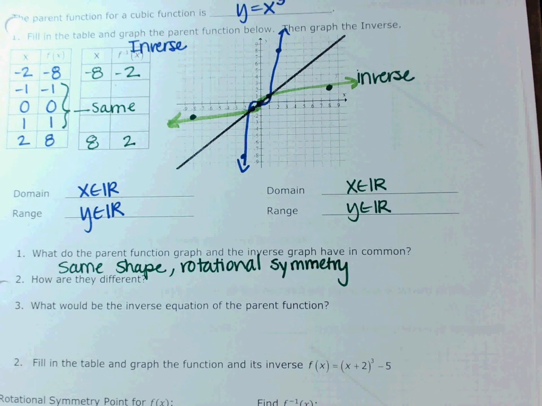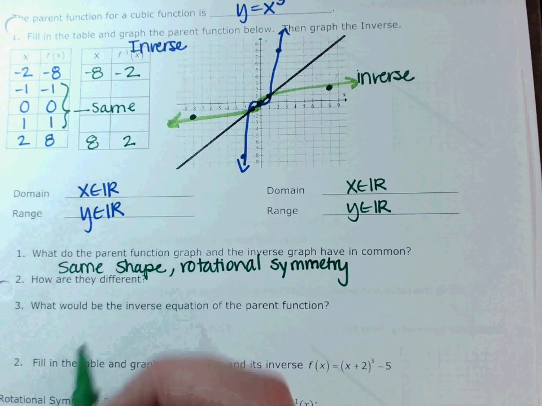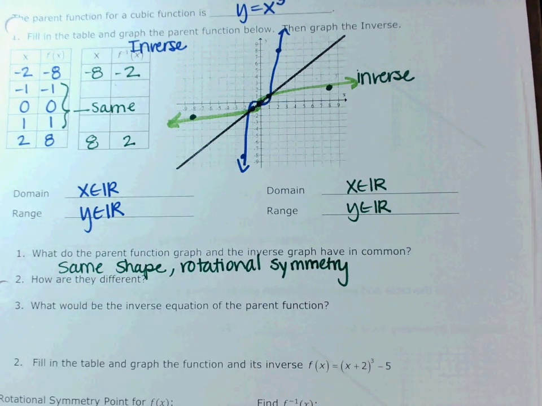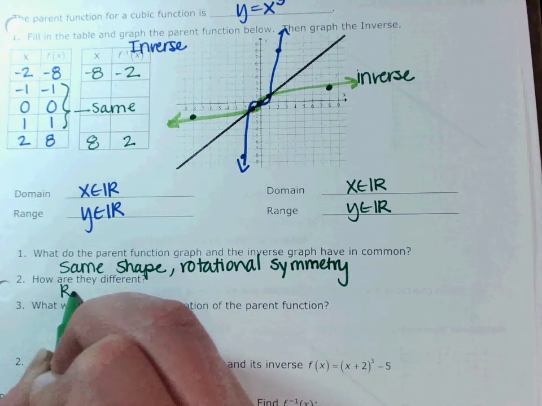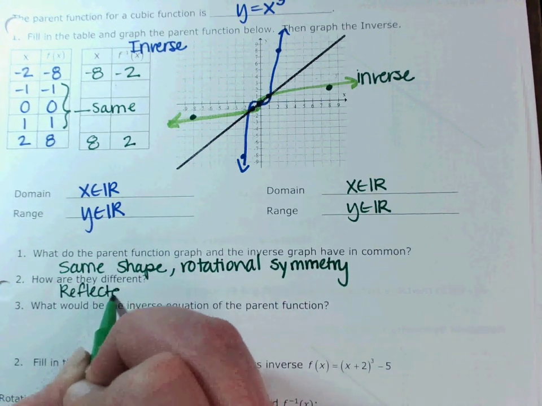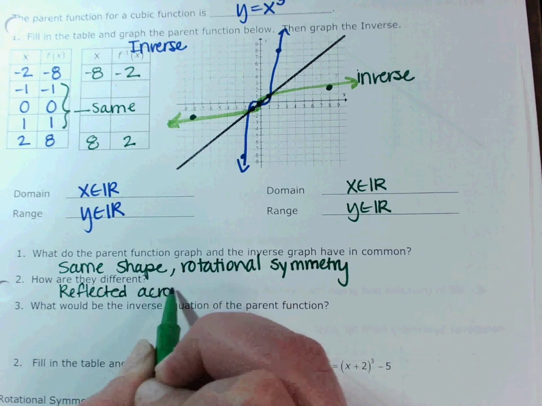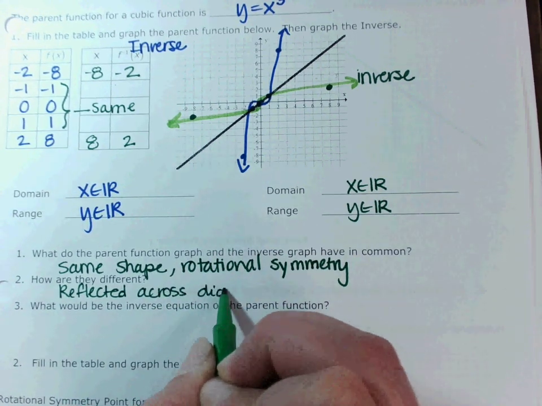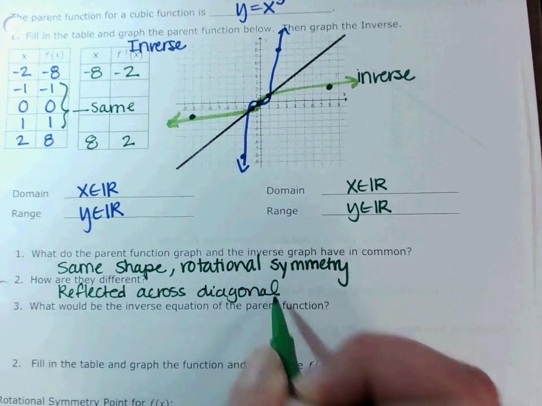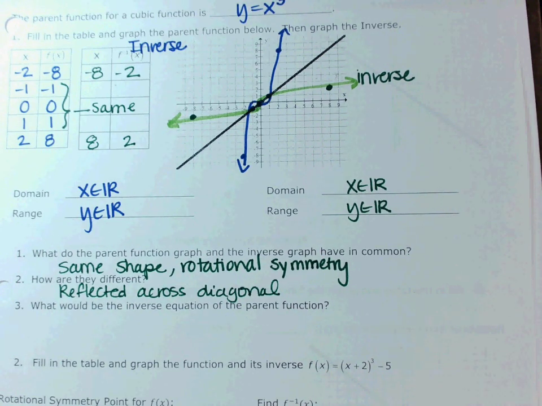Now, how are they different? One is sideways. Now instead of writing sideways, I'm going to put it's reflected across the diagonal. So they're the exact same shape. One of them is just reflected to be sideways.